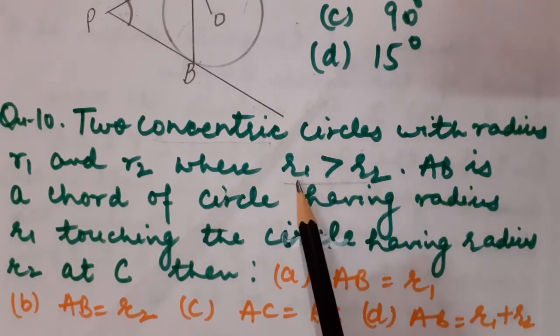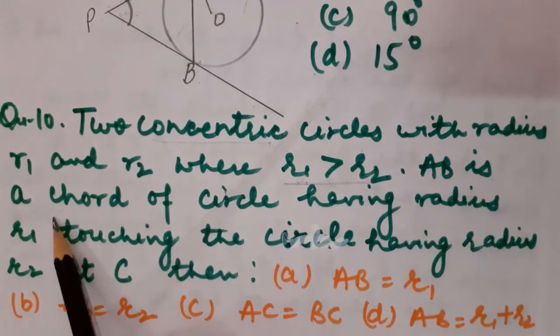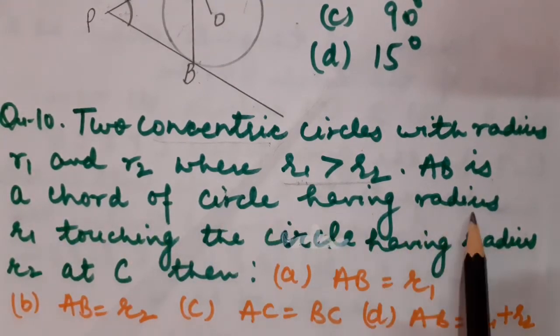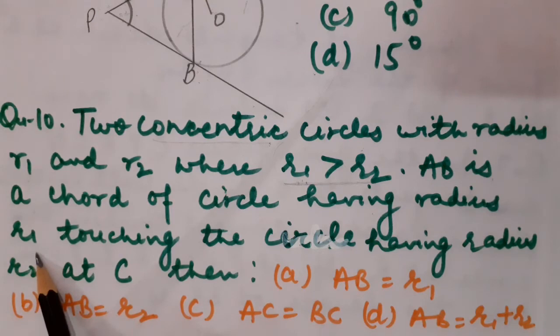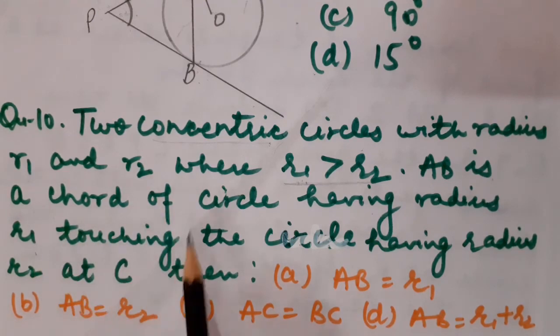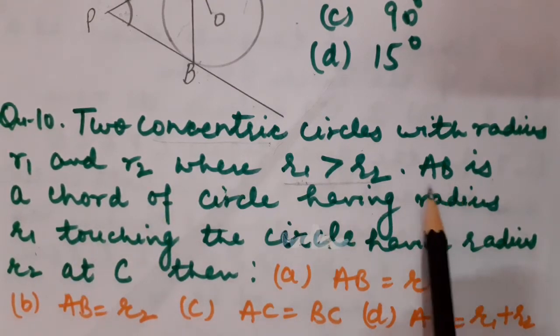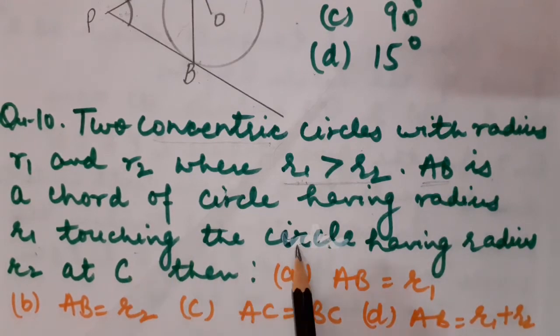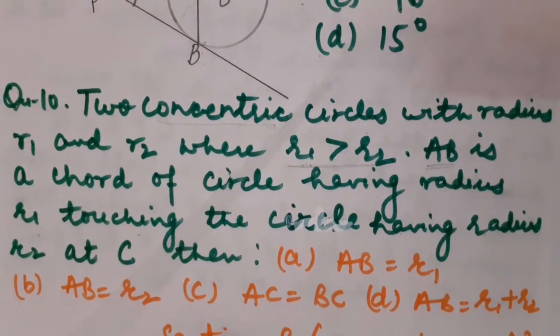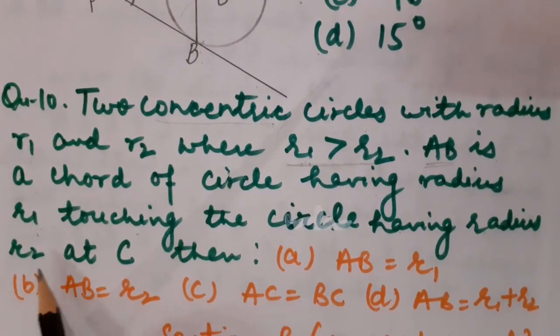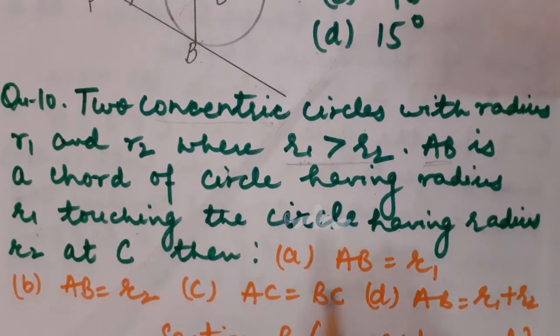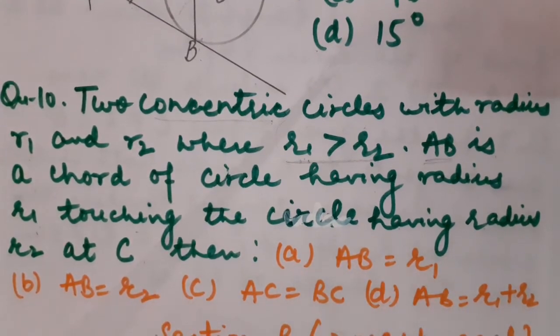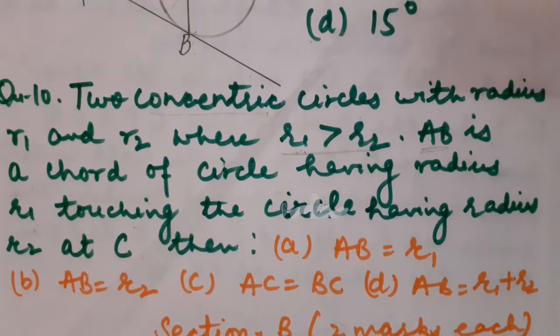AB is a chord of the circle having radius R1. It is touching the circle having radius R2, meaning that chord will act like a tangent for the smaller circle whose radius is R2 at point C. Then we have to check which of the conditions will be satisfied.